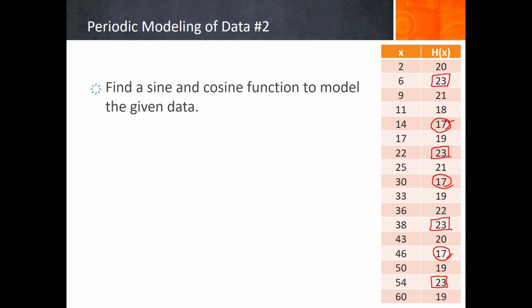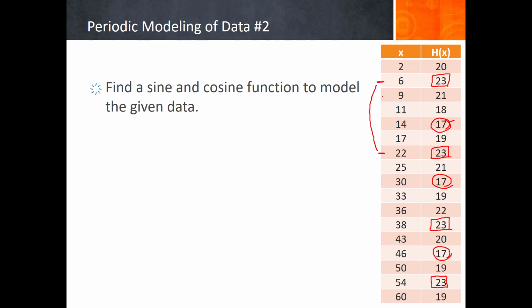midline and the amplitude. To find the period, we need to find the distance from one maximum to the next. Now we're talking x coordinates. So the first maximum occurs at x equals 6. The second maximum occurs at x equals 22. And so we want to find that distance there.